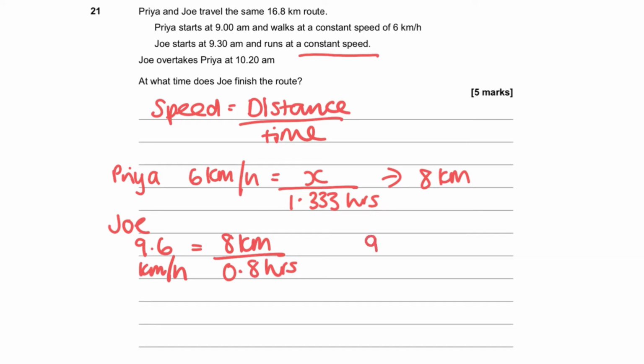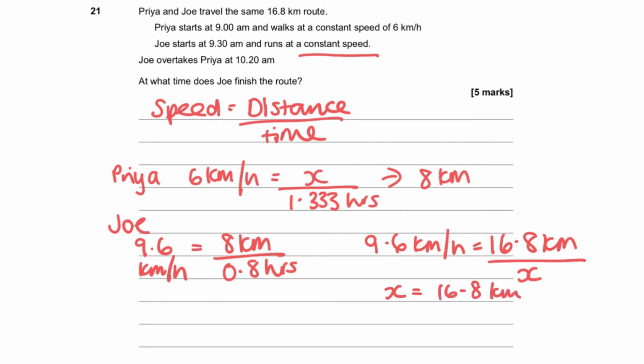So he's travelling at 9.6 kilometres an hour, but the distance this time is 16.8 kilometres. So we can work out what the time is. If we rearrange our formula, times both sides by x and then divide by the 9.6 kilometres an hour, x is equal to 16.8 kilometres divided by 9.6 kilometres an hour.